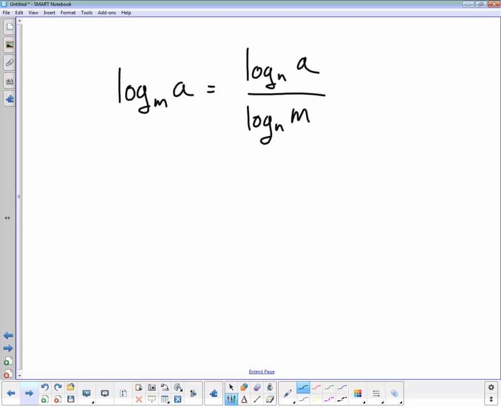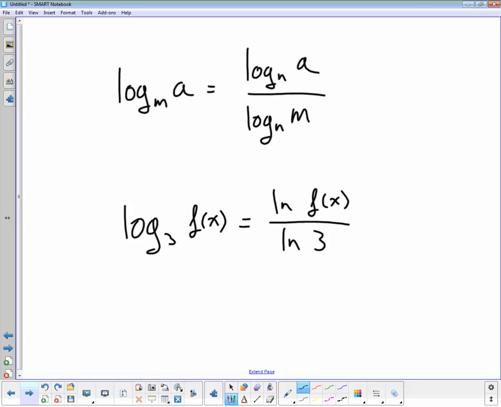Now usually we pick the natural log to be the log base n, whatever's going on. So for example, if I have log base 3 of f of x, this is my function, and I'm asked to play with it and I want to get it into natural log form, which is easier to fool with, you can turn this into the natural log of f of x all over the natural log of 3.